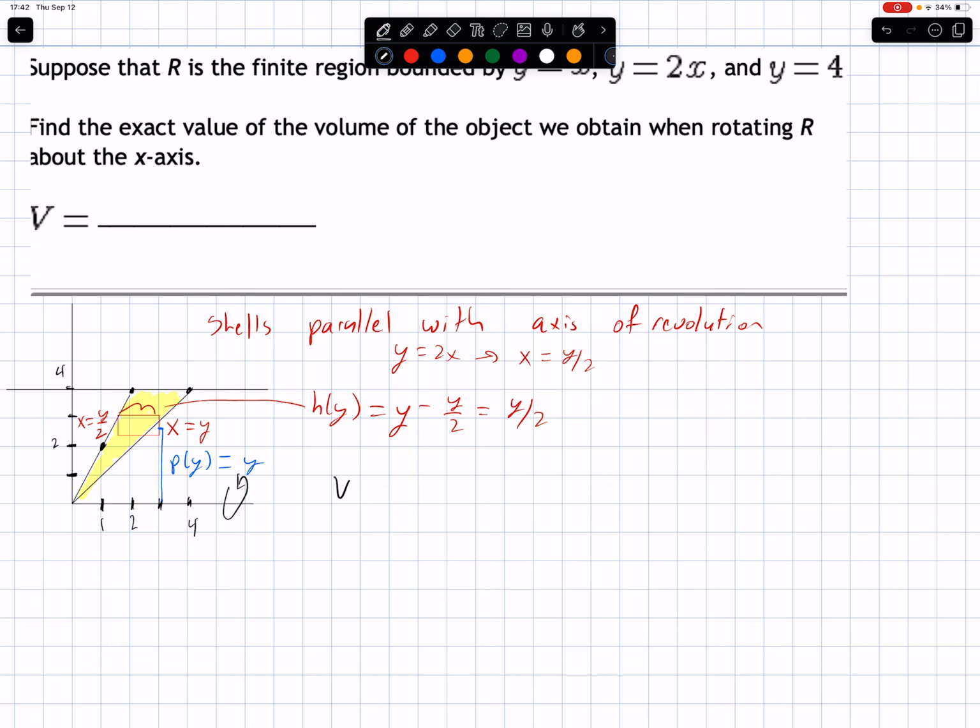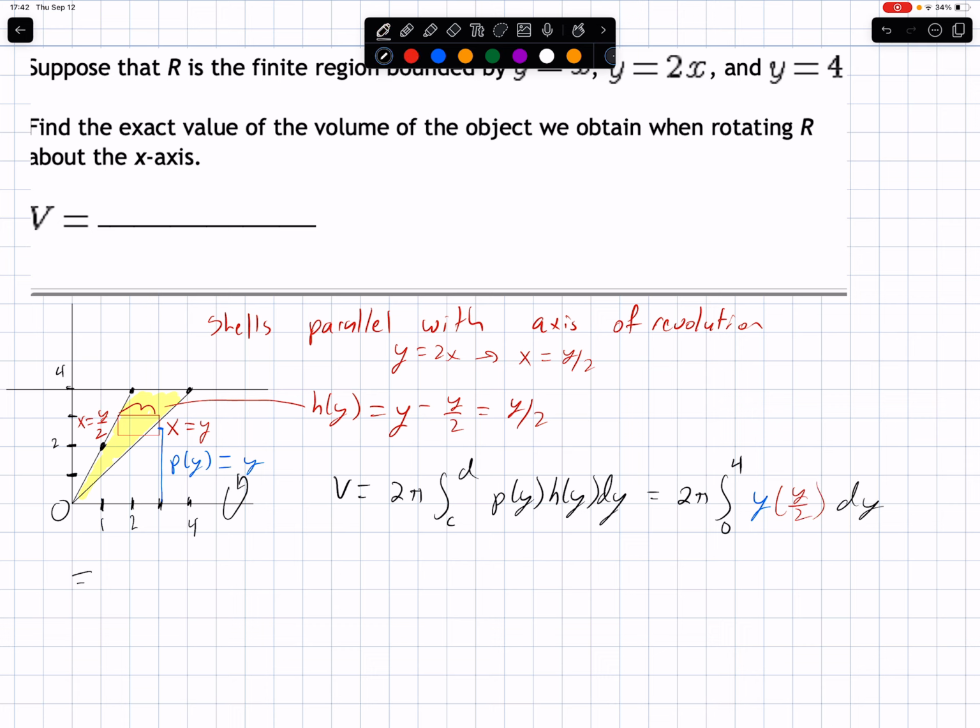So for the volume, 2 pi integral from c to d, p of y, h of y, dy. So that's going to be 2 pi. Limits of integration are going to be in terms of y, so it's going to be 0 to 4. It happens to be the same for the x, but that's just the particular region we're looking at. Our p of y is y, and our h of y is y over 2 dy.